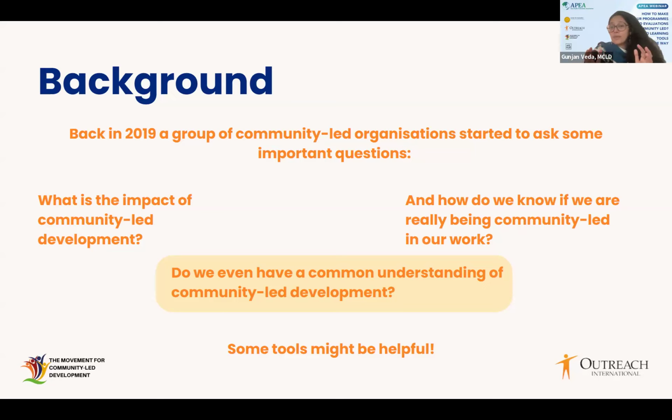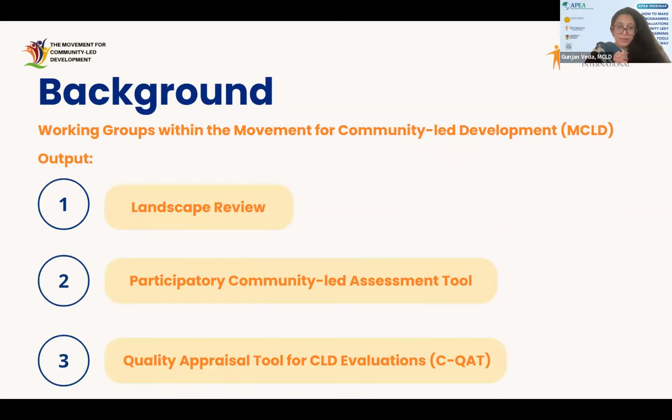So over 100 people from different parts of the world volunteered and became part of this collaborative research team. And together we went through a process of dialogue, literature reviews, consultations, feeding into our own experiences. And over 2.5 years, through different working groups, we came up with 3 things.